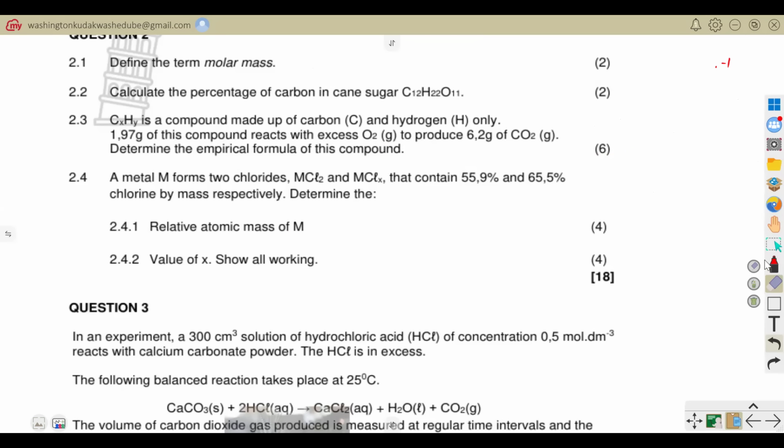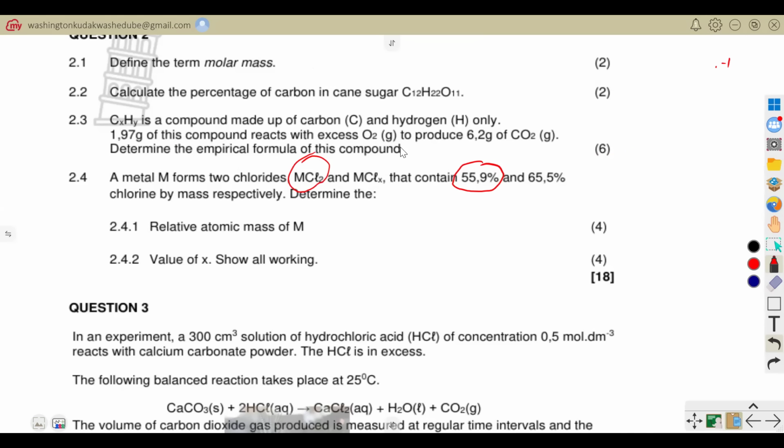Now, to determine the relative atomic mass for M, what we are going to use is this percent composition. We can see that the percentage of these two chlorides is 55.9% for this MCl2 and 65.5% for this.